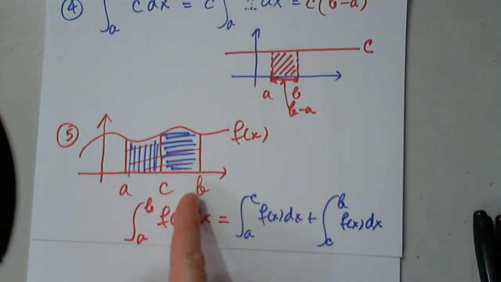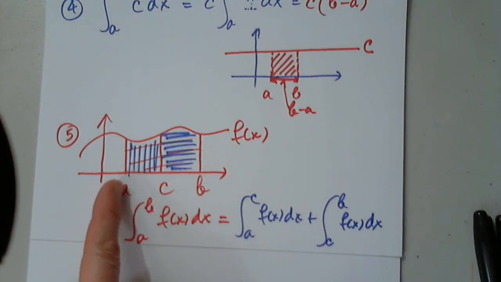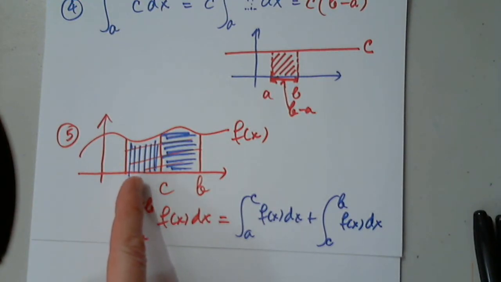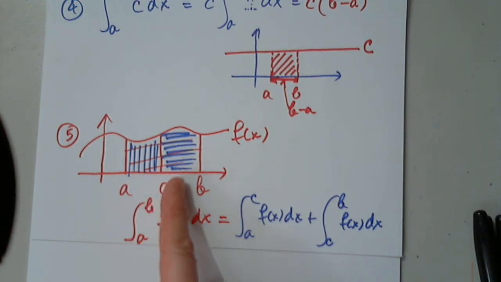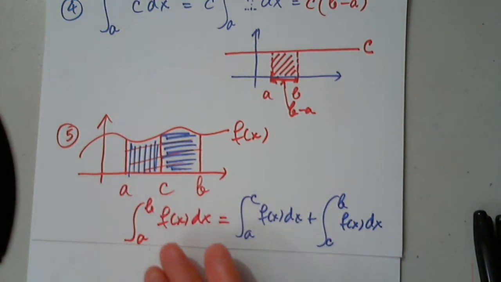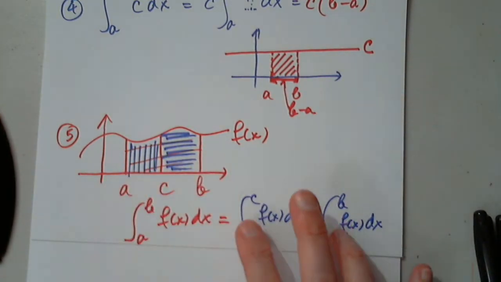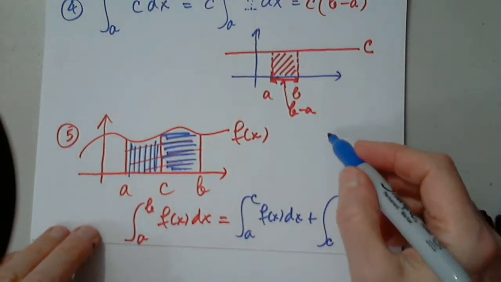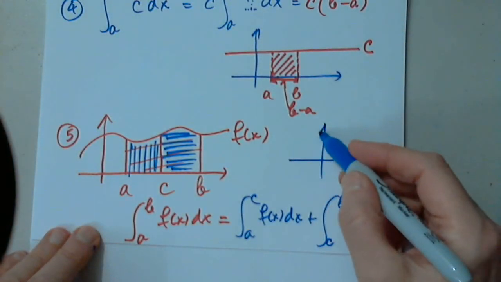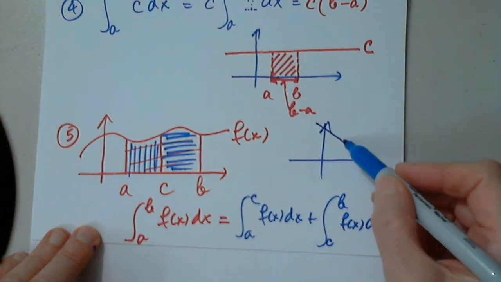So the integral from a to b can be the integral from a to d plus the integral from d to c plus the integral from c to whatever plus the integral from whatever to b. I can split it into as many integrals, or as many areas, as I need. This is very useful, and you'll see when. Here's an example. Let's say I have a piecewise defined function that looks like this.